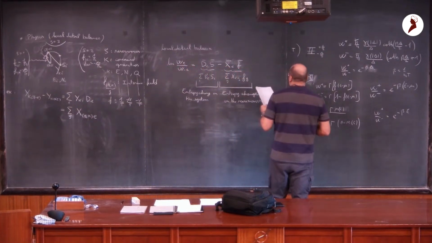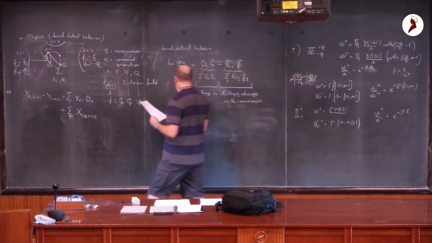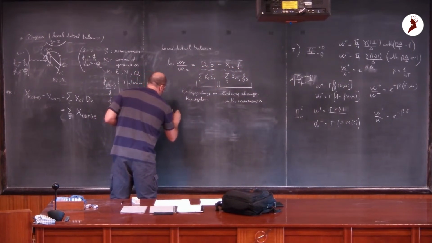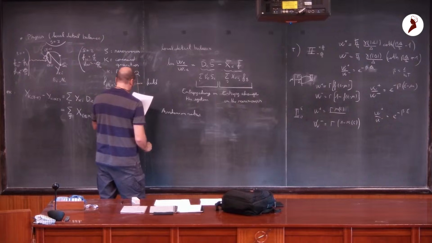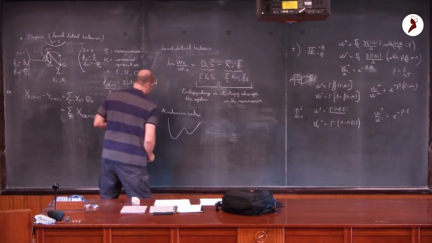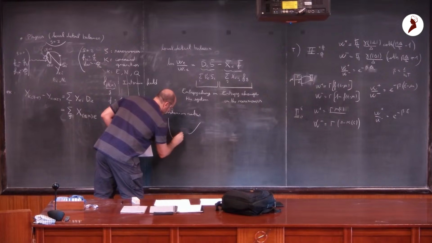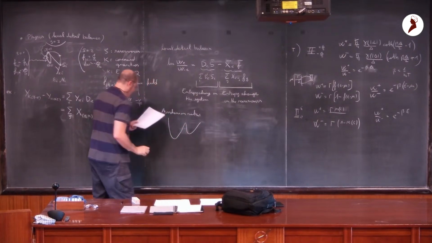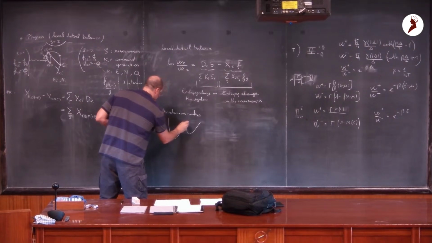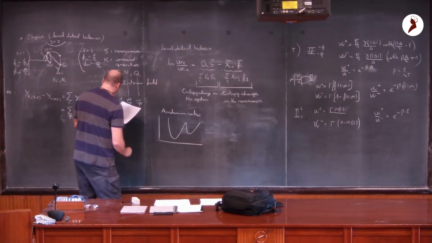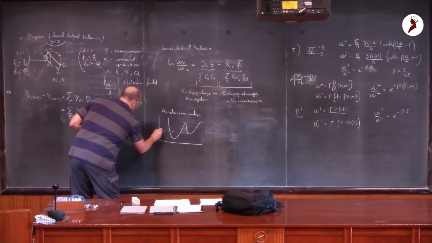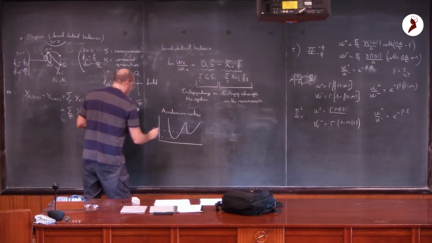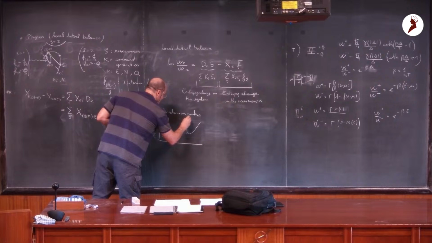And a final one, which is less of a quantum one, is the Arrhenius rate. Let me do it here. You know that if you have two states separated by a large barrier, my barrier is not that large in my drawing, let's say this I call epsilon i, epsilon j, and the barrier is E_ij star, which is equal to E_ji star.